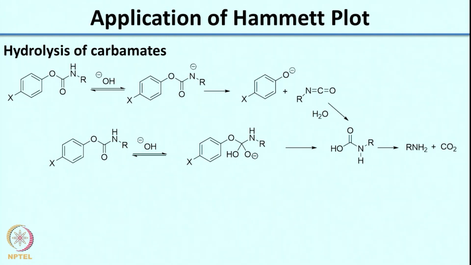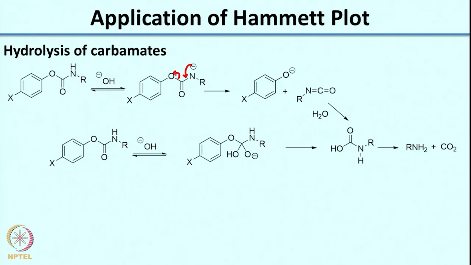So while considering the base assisted hydrolysis of carbamate, one can imagine a mechanism where OH minus first deprotonates this NH to generate the anion. Once you have generated the anion, you can imagine the anion pushing in the electrons here and this bond cleaving.